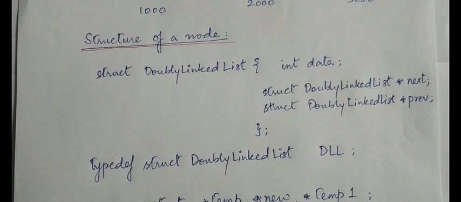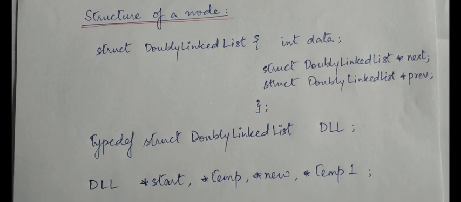So what does the structure of the node look like? I have defined the structure. It has a data field. It has two pointers of the same type as I have defined. I have named one next and one previous. So one will point to the next node and one will point to the previous node.